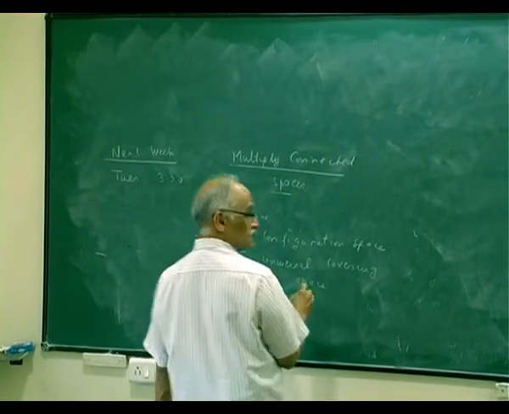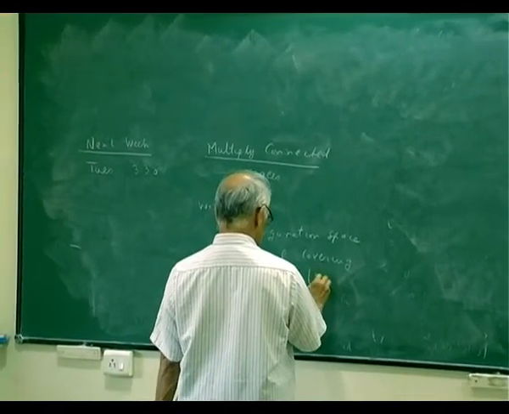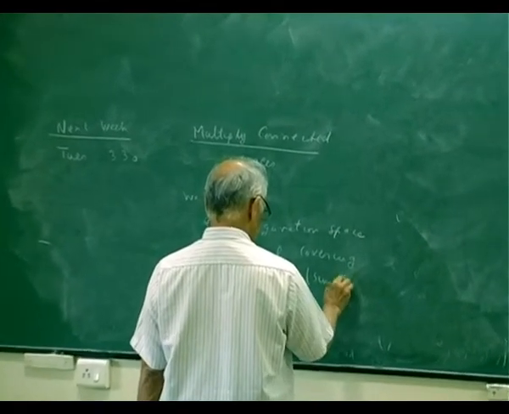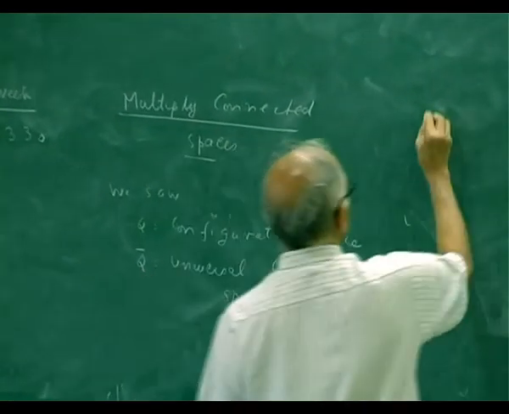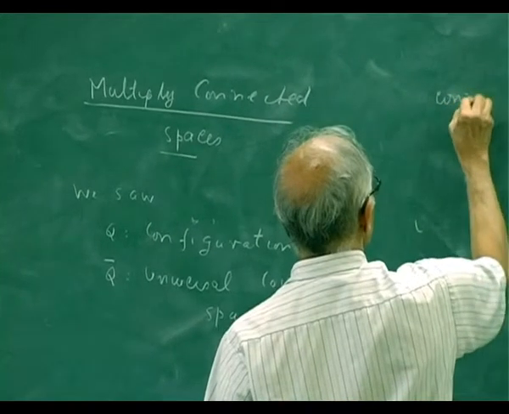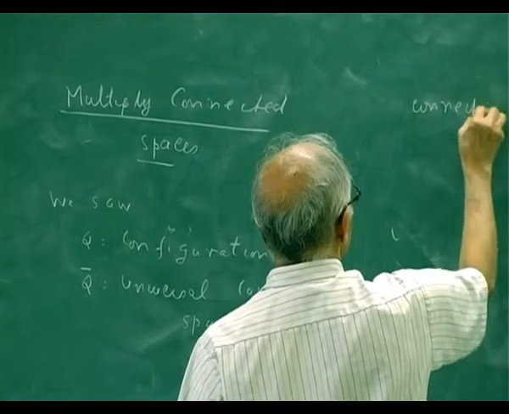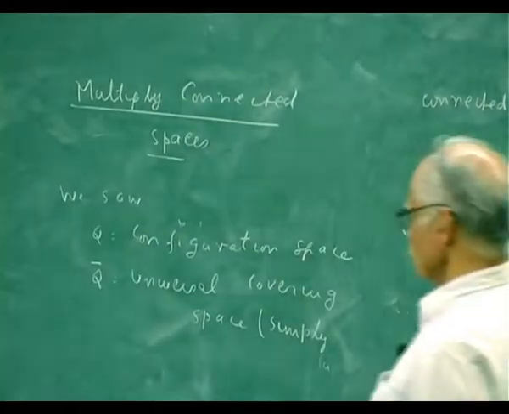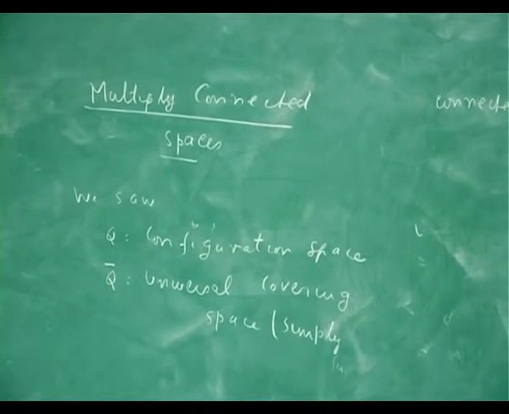The main characteristic of this one is that it is simply connected. So the universal covering space is by definition simply connected.